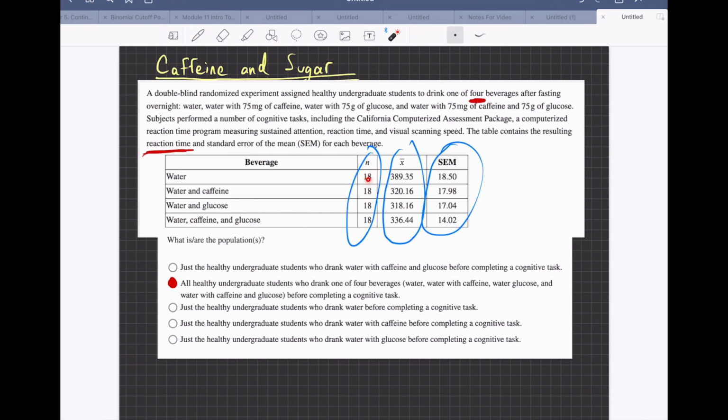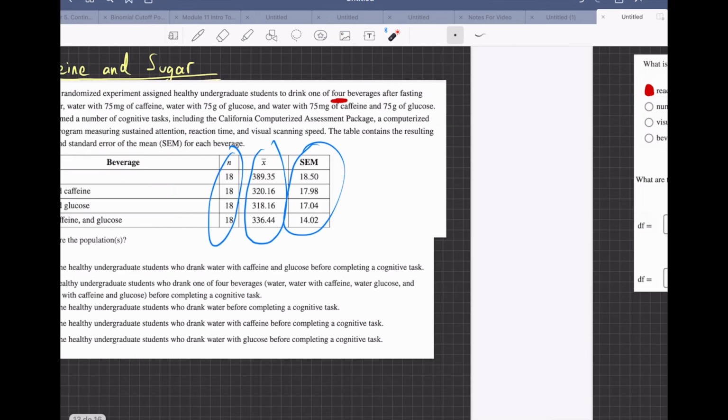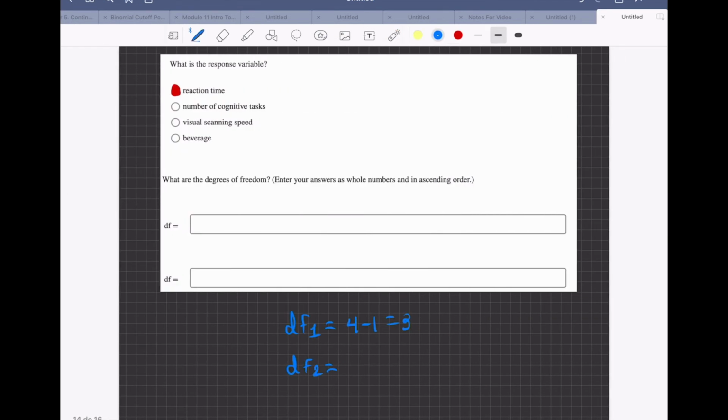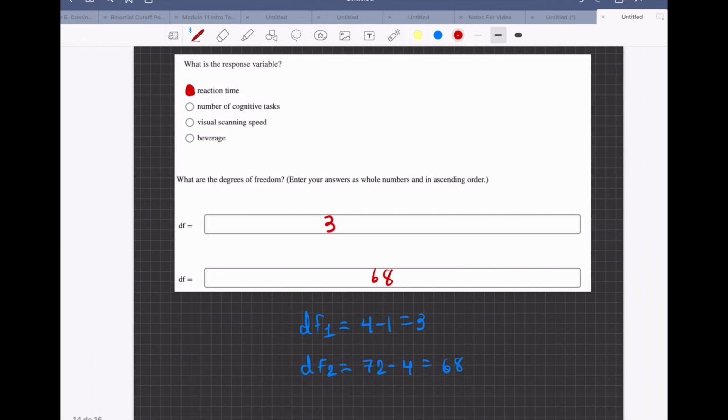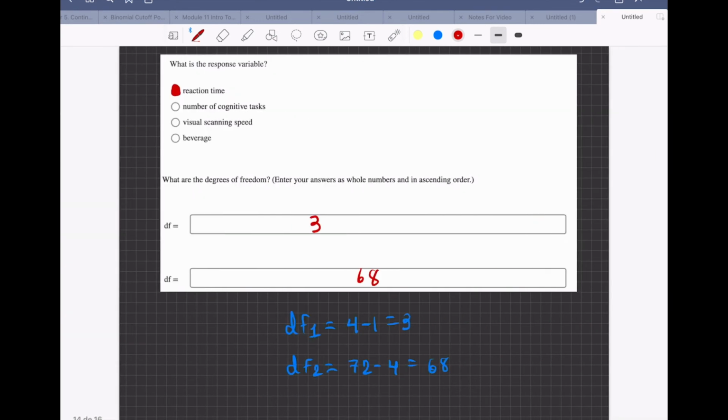So multiply 18 times 4 is 72, right? So all the observations from the sample were 72. So 72 minus the number of categories, so 68. 3 and 68. And I think that's all for this exercise.